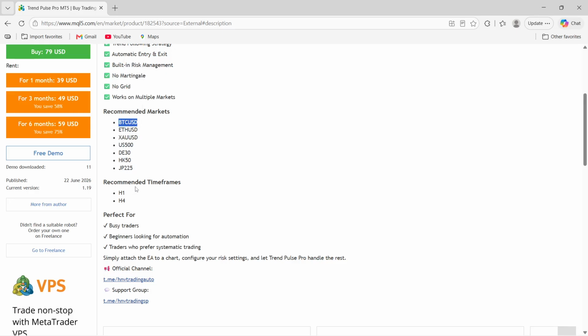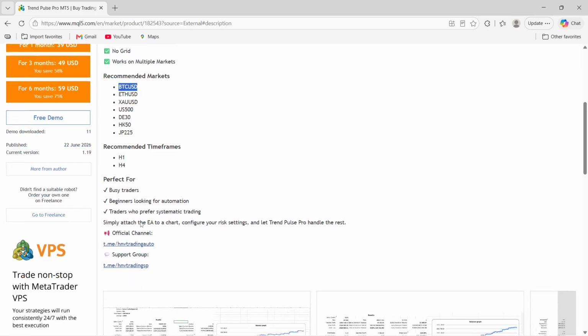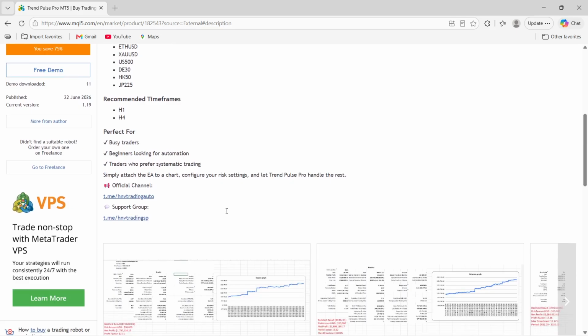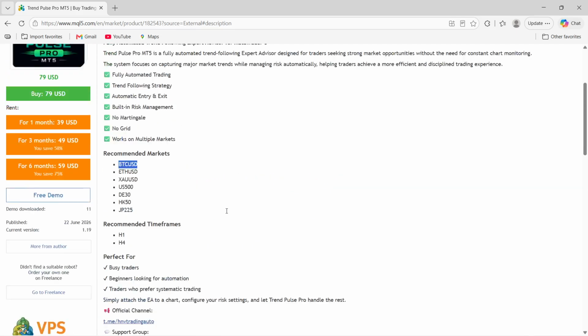And the recommended time frames are the hourly and 4 hourly time frames. The developer claims it's perfect for busy traders, beginners looking for automation, and traders who prefer systematic trading. It says you can just attach the EA to a chart, configure your risk settings, and let the Trend Pulse Pro handle the rest.